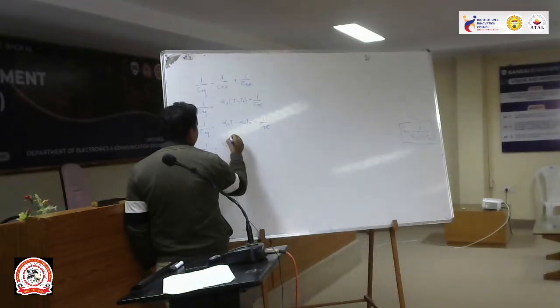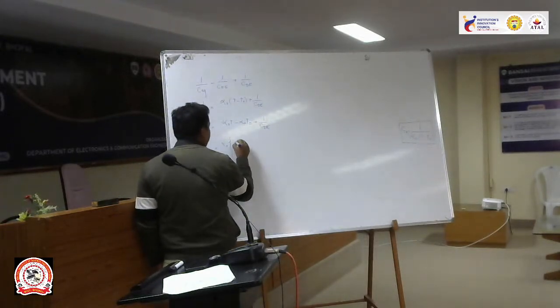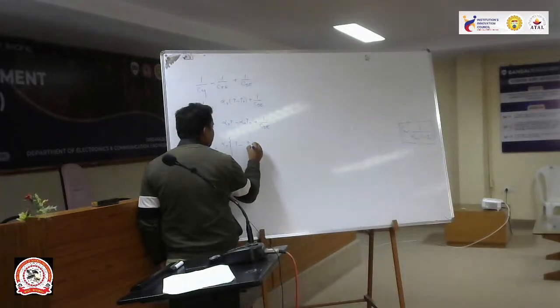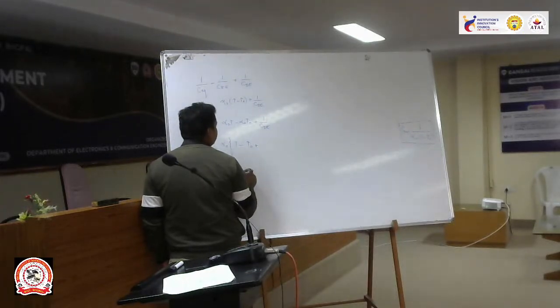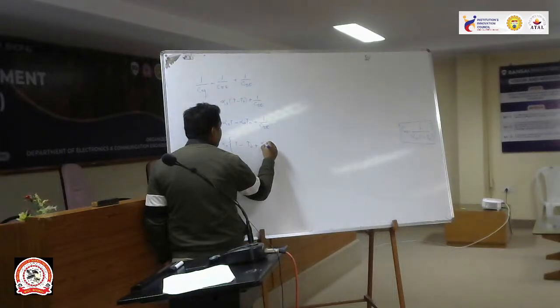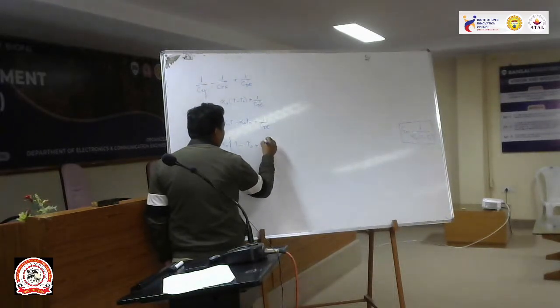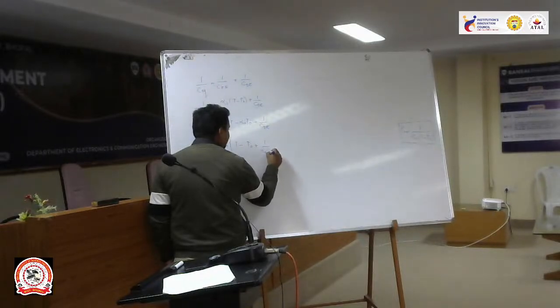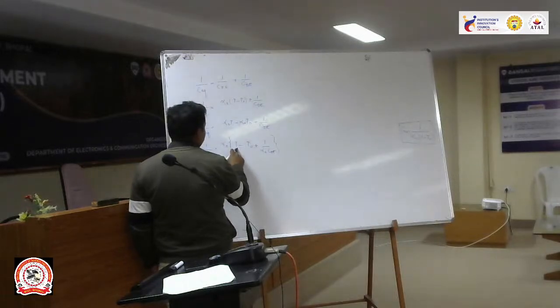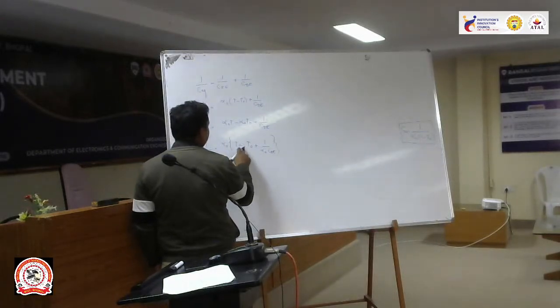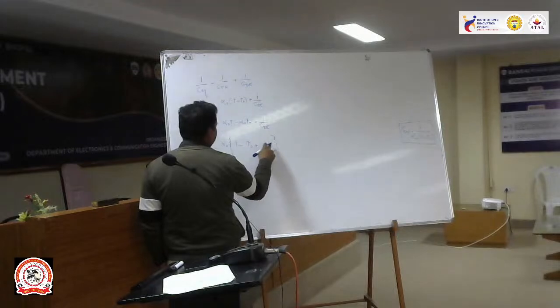So if I take alpha naught common, this becomes T minus T naught plus 1 upon alpha naught CDE. Because when this goes inside, this becomes alpha naught T naught, and this becomes 1 upon CDE.